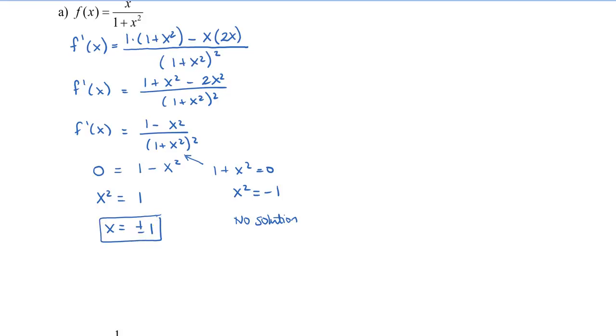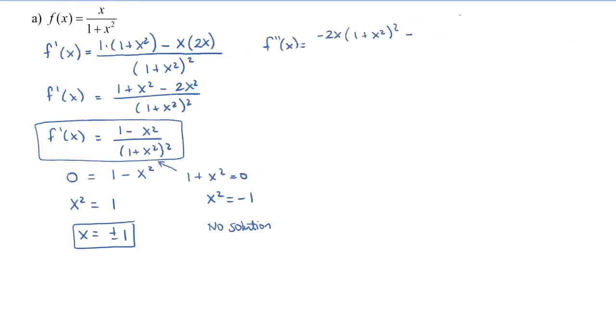All right. Now, before we do that, the second derivative test states that we also must find the second derivative. So we're going to use this function here for our first derivative, and we're going to find the second derivative based on that. So we have negative 2x, which is the derivative of our numerator, times 1 plus x squared squared, minus our numerator, times the derivative of our denominator.